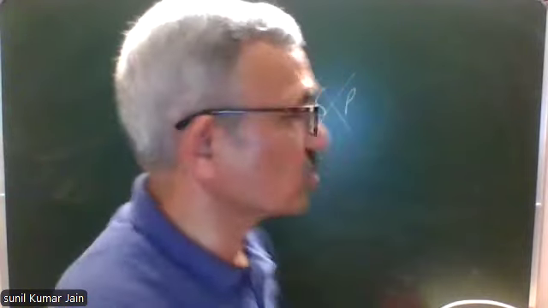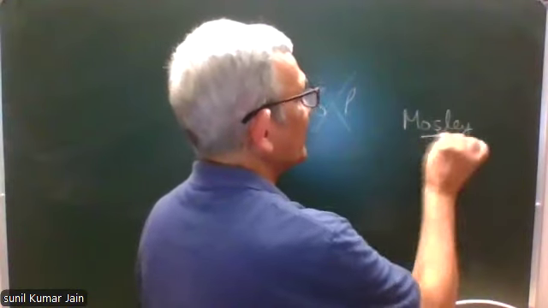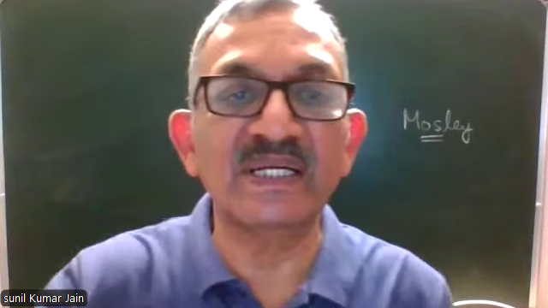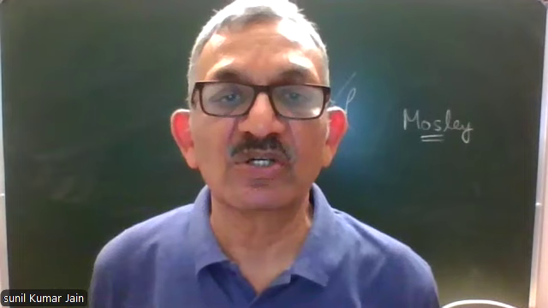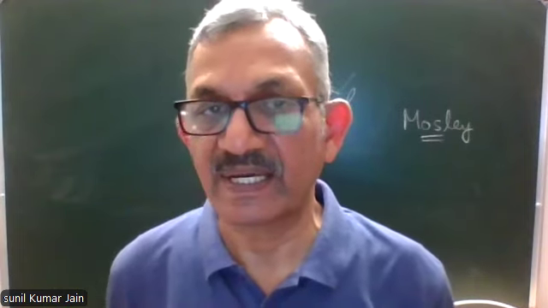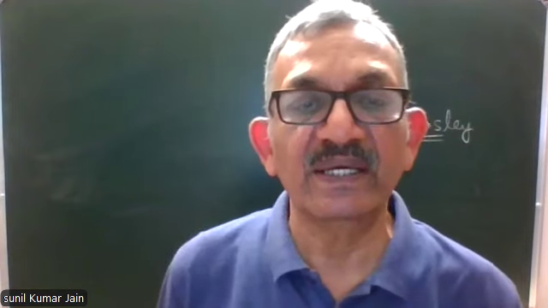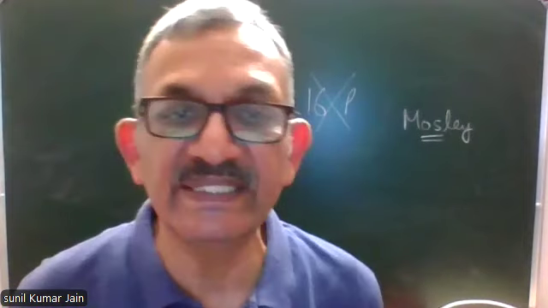Then came the scientist called Moseley. He determined the actual positive charge on the nucleus of any atom. I'll repeat, Moseley calculated the exact positive charge on the nucleus of any atom.